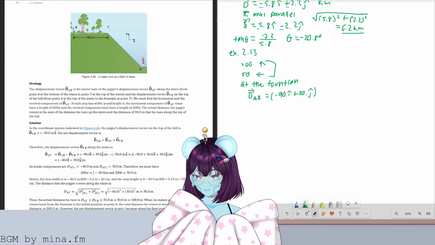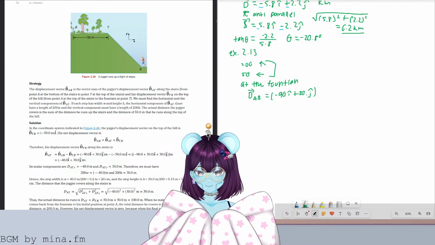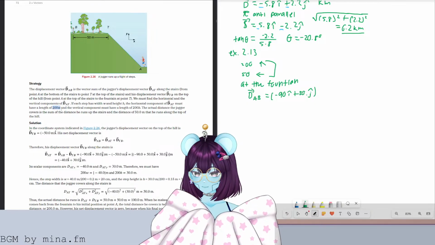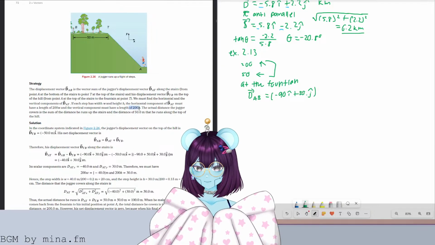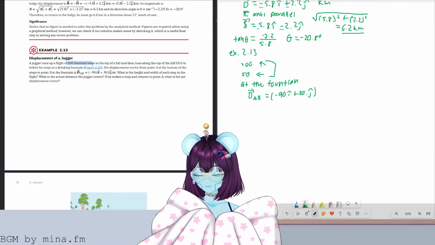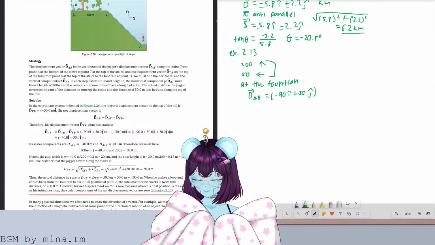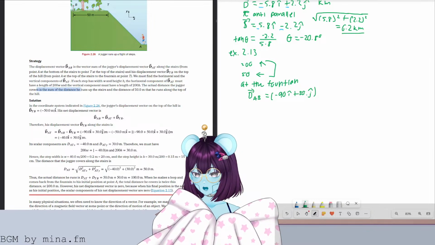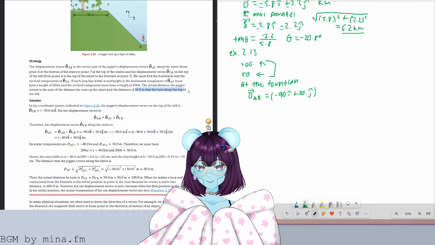If each step has a width and a height, the horizontal component of DAT must have a length of 200 times the width, and the vertical component must have a length of 200 times the height. The 200 comes from the 200 identical steps. The actual distance the jogger covers is the sum of the distance he runs up the stairs and the distance of 50 that he runs along the top.